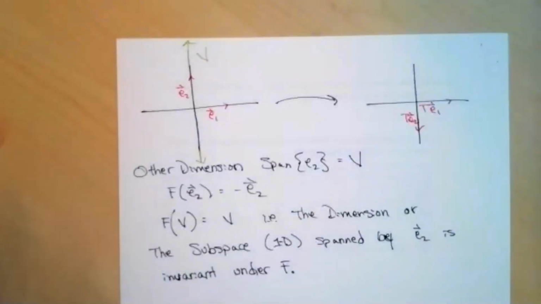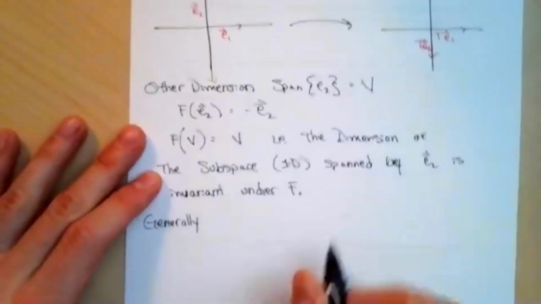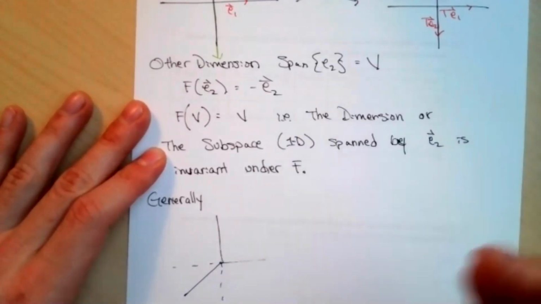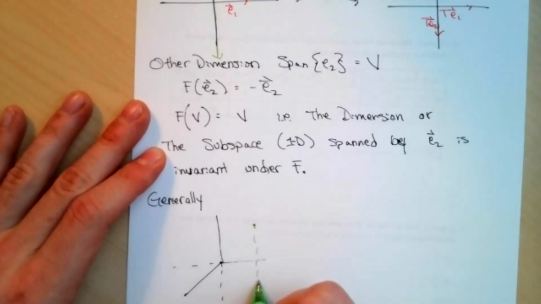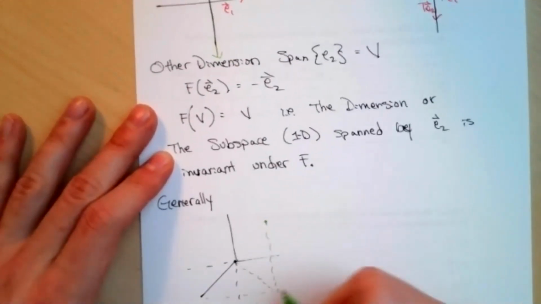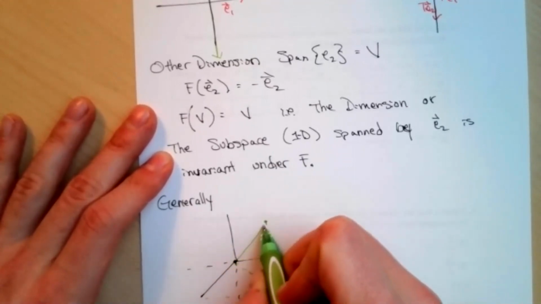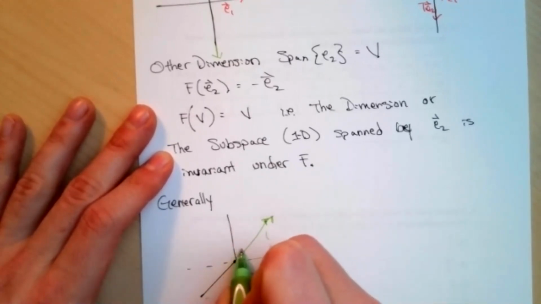What else could happen? Let's draw a broader picture and try to draw a three-dimensional space. Suppose we have some line that goes through the origin, so it defines a subspace, and we can give it any vector v.